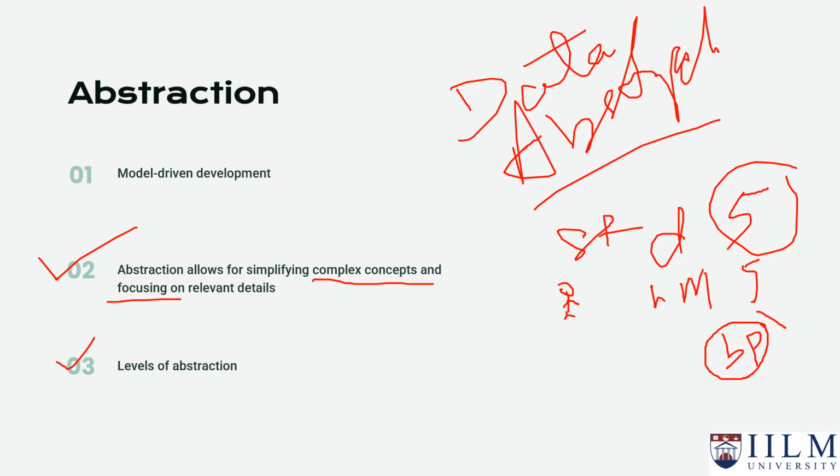So we can say level of abstraction is a way to describe how much complexity is involved in viewing or programming a system.